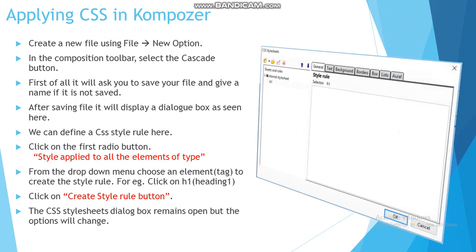The CSS Style Sheets dialog box remains open, but the options will change. So here you can see at the left part it shows H1. It means now this rule will get applied for the H1 tag. And at the right part you can see the various tabs given at the top.